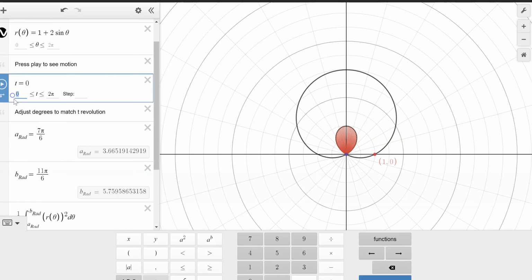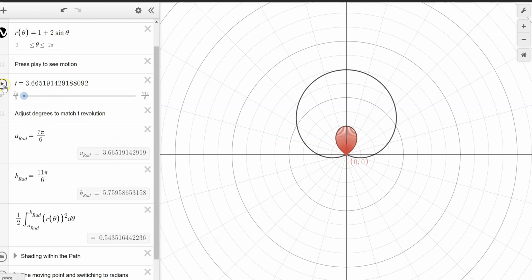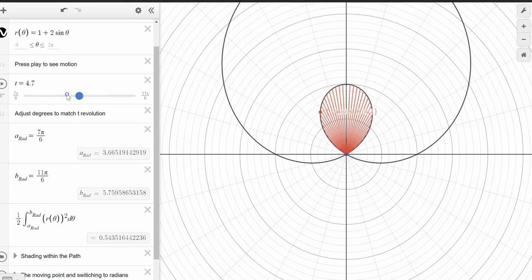And then with the t, we could do the same thing just to verify it. 7 pi divided by 6, and then ending at 11 pi divided by 6. And if you hit play, you'll see it goes right around our loop exactly the way we wanted it to. So that is what we're looking for, from here to here, so that our integral will add up just that part for us.